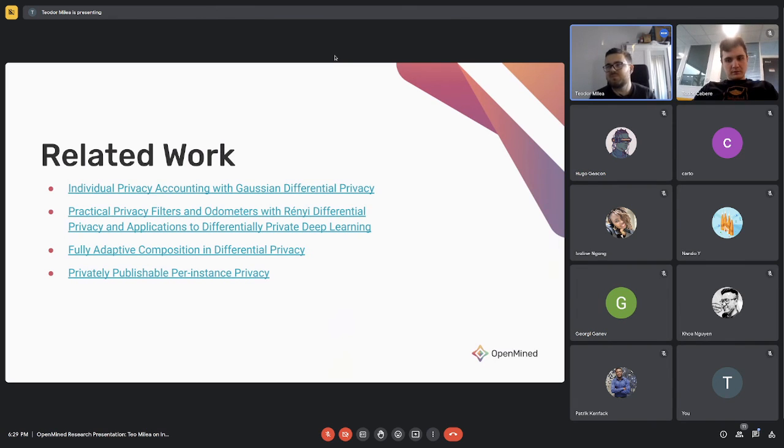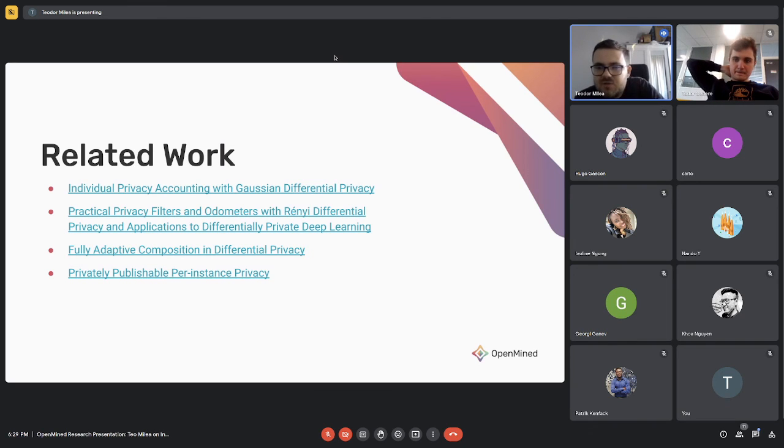You have to compute the sensitivity of that function, and then it's not clear that RDP would be better in that scenario. And their analysis was only on linear queries. So if you're interested in getting the most iterations from your privacy budget, let's say training a network, Rényi filtering would be definitely useful.